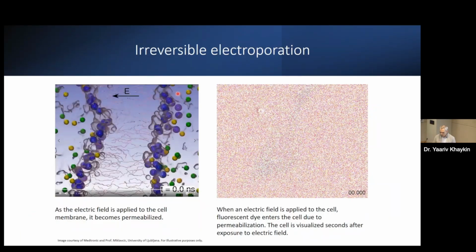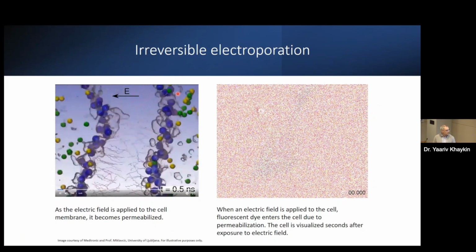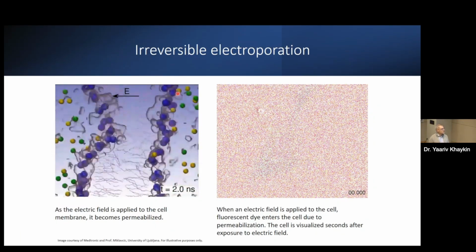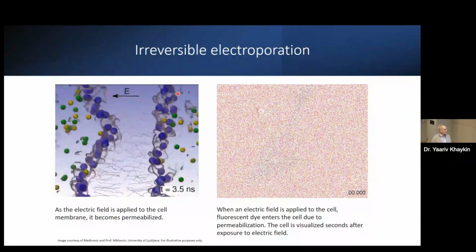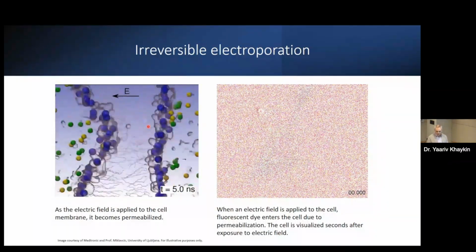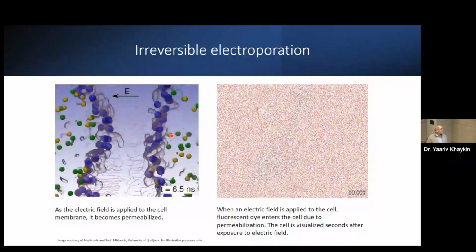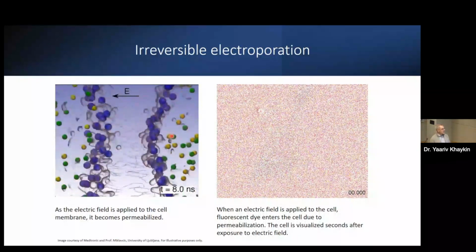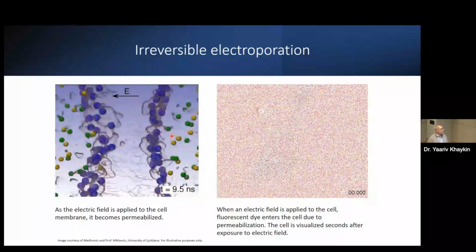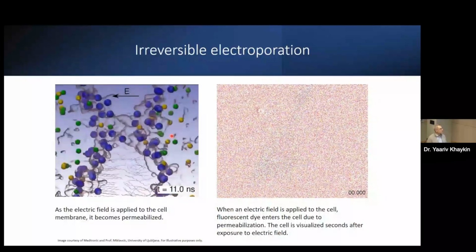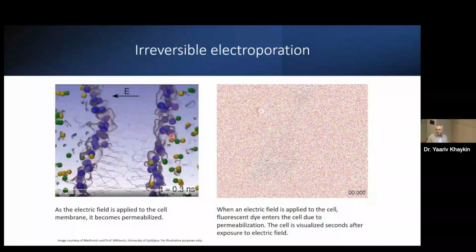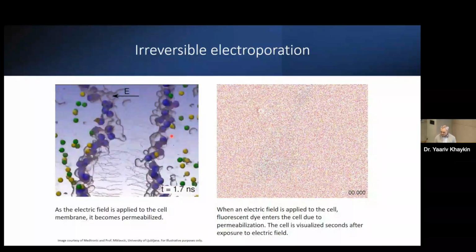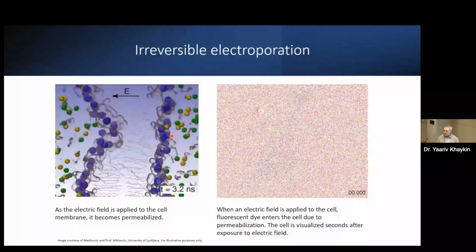This is just a really cool video, if it plays, that is an animation that shows you what that would look like, and you would be able to see a pore forming somewhere about here sometime now. Those little green and yellow balls are the electrolytes that are now flowing in the wrong direction through the pore that's opened by creating the electric field.